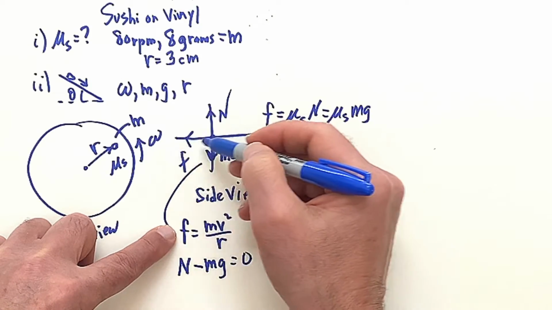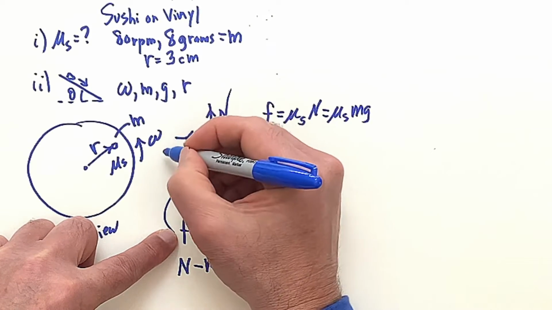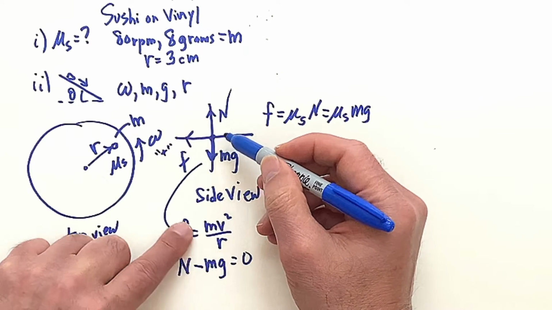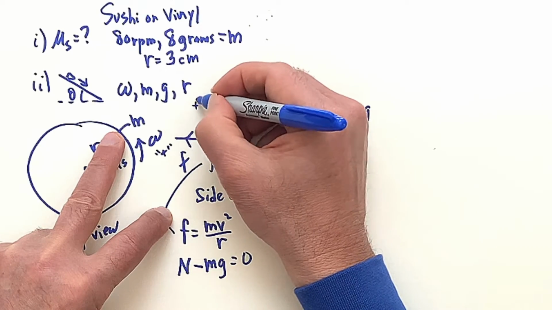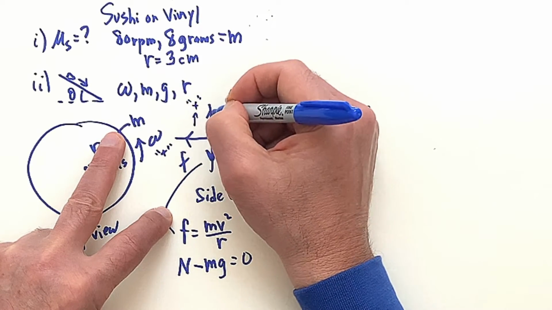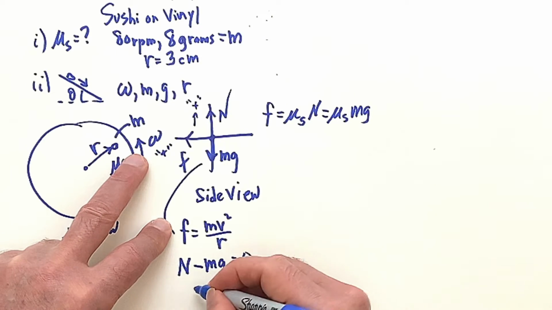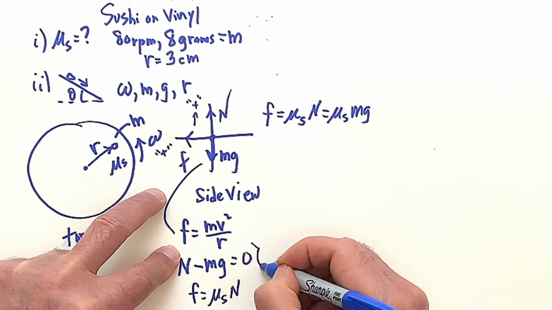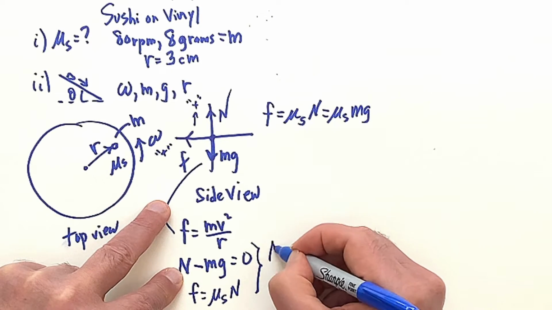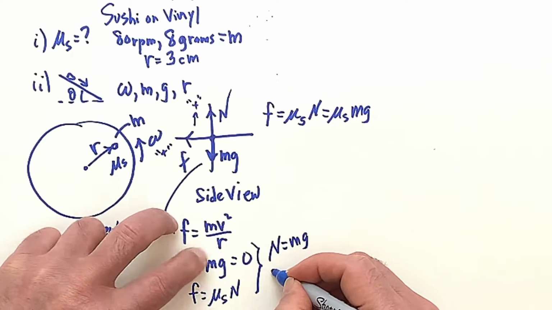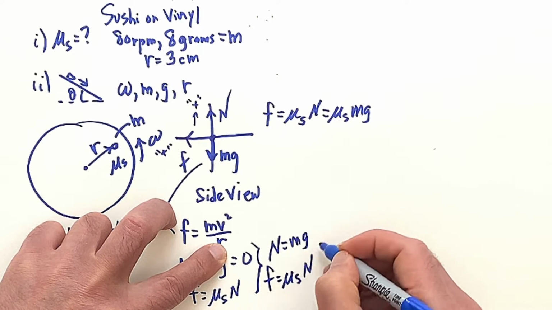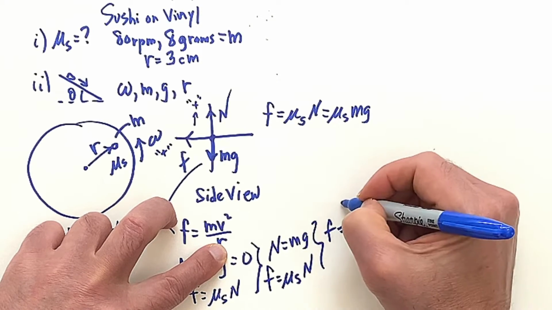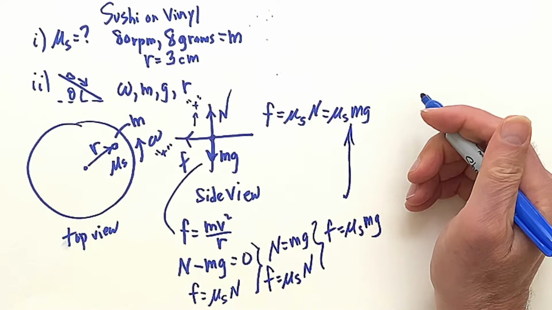The net force in the horizontal direction, call that positive, is mv squared over r toward the center. And then n, if I call that positive going up, then n minus mg is 0. And then I have my auxiliary equation, friction. So these two get me here. N is mg, and F is mu s n. So this gets me mu s mg, which after practice you start to write down without doing all these steps.